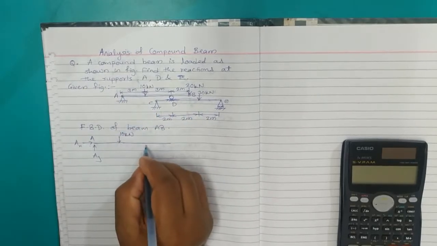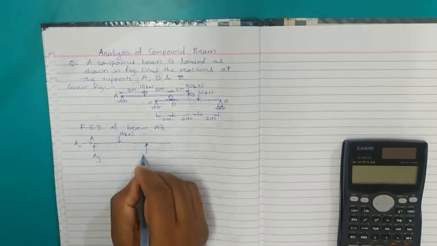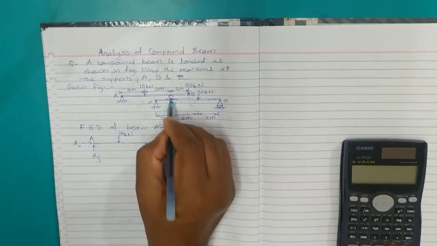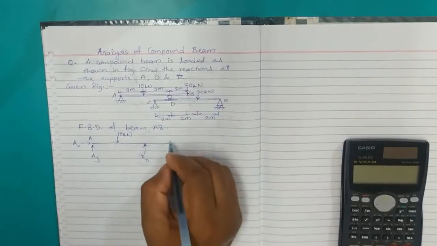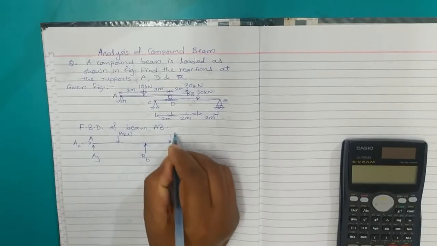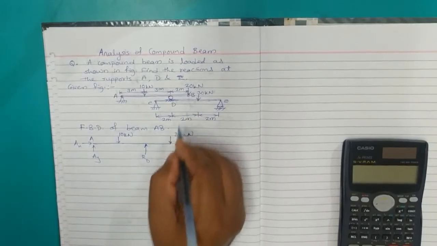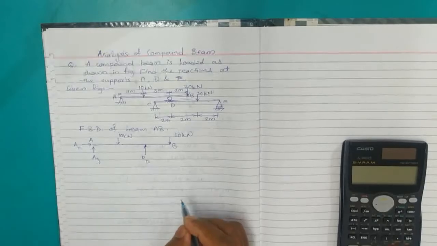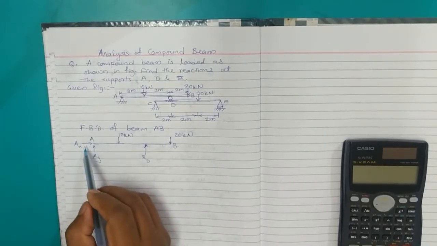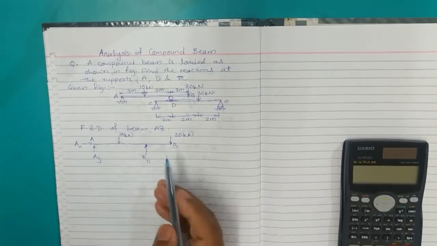So let's show a support reaction, let's call that RD, which is given by the roller at point D. And then we have a 20 kilonewton load applied at the end B of the given beam. So here we have three unknowns: Ax, Ay and RD.